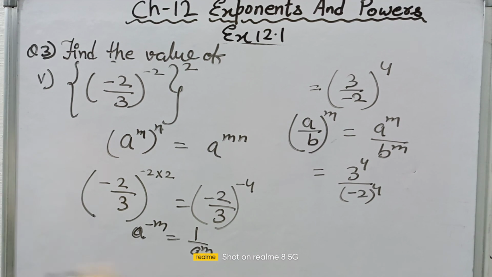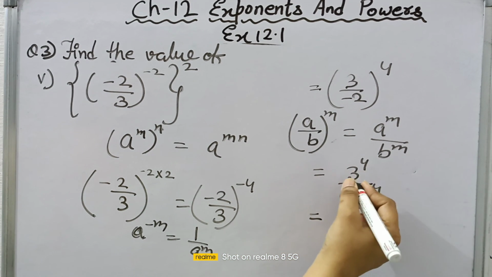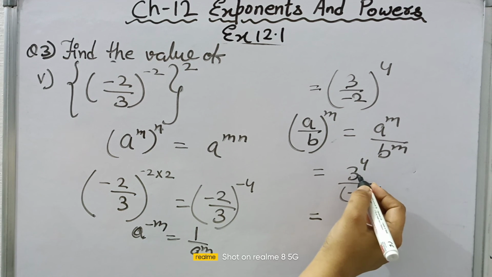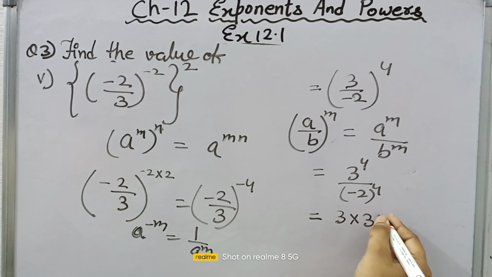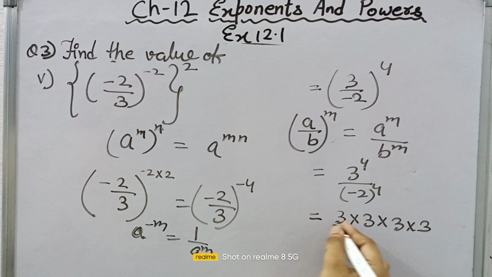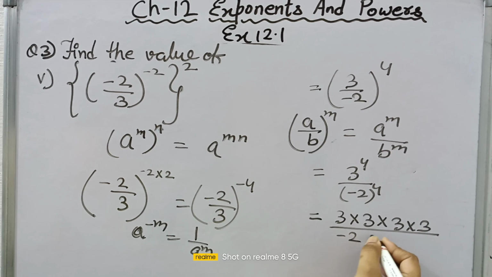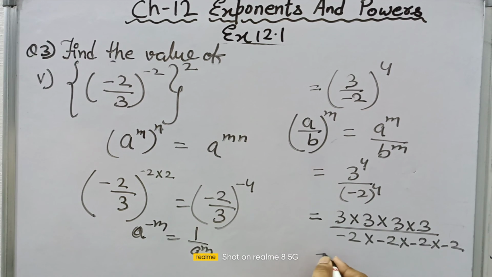Now how can we find its value? We have to simply find out 3 raised to the power 4. Now 3 is the base and exponent is 4, so we have to multiply 3 4 times. And then in the denominator we have to multiply -2 4 times. After multiplying we get 81 upon 16.